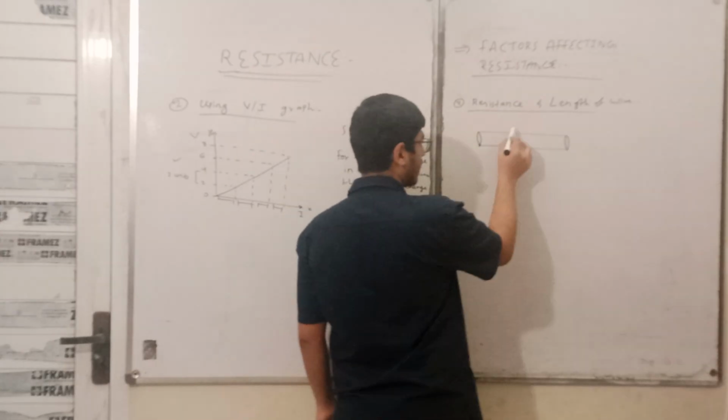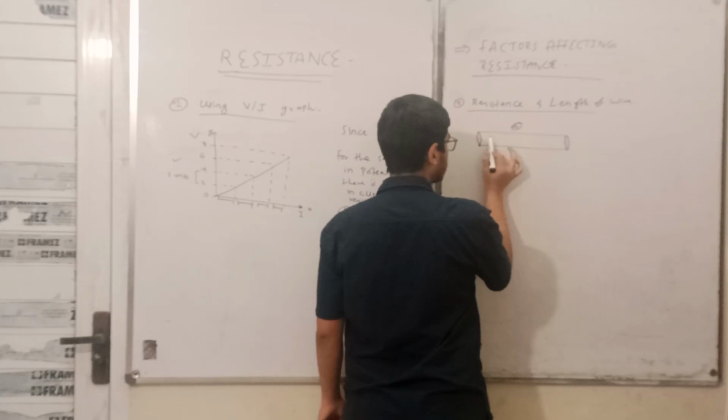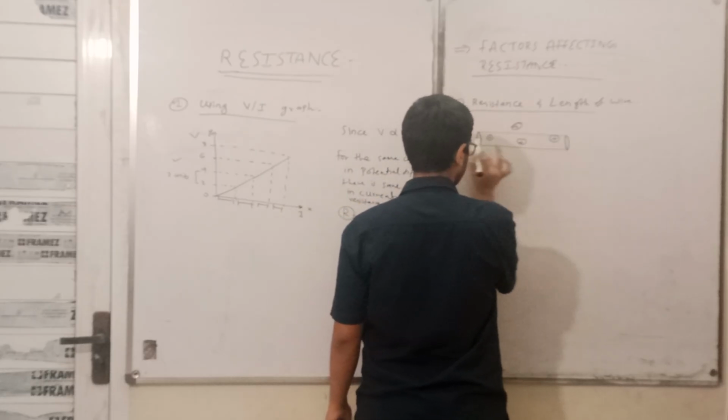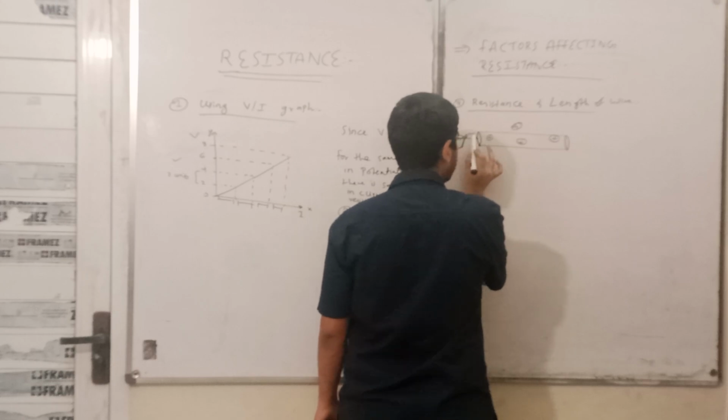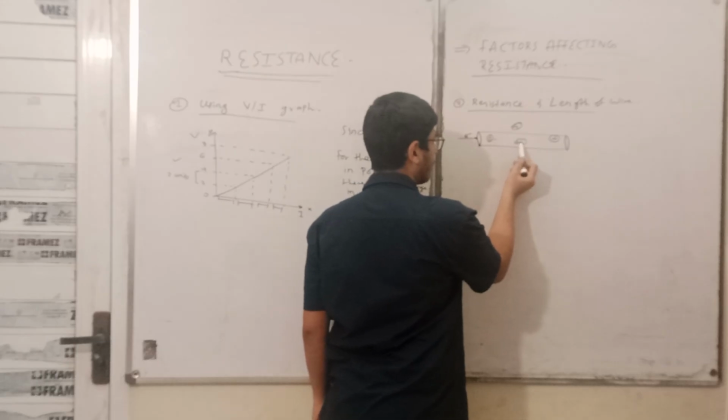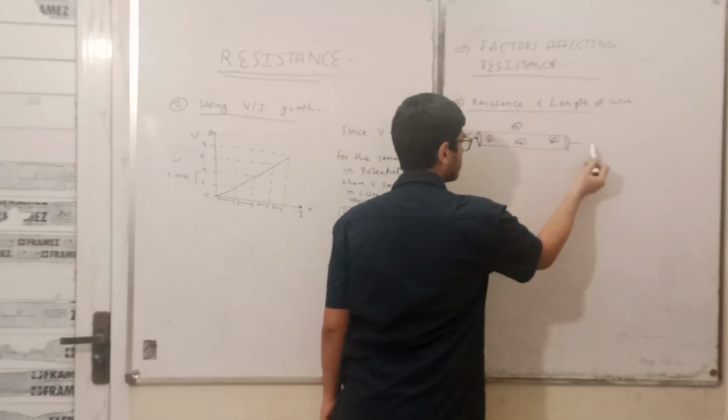Suppose this is metal conductor A, which has a total of 3 positive ions. When an electron passes through this conductor, it will collide with these particles and will lose some of its energy.